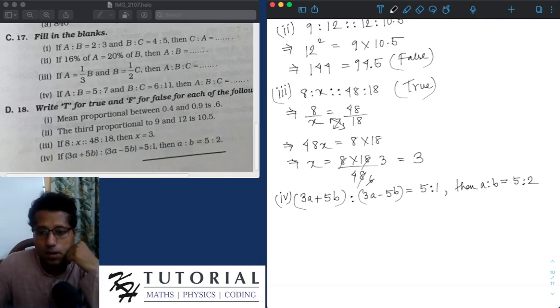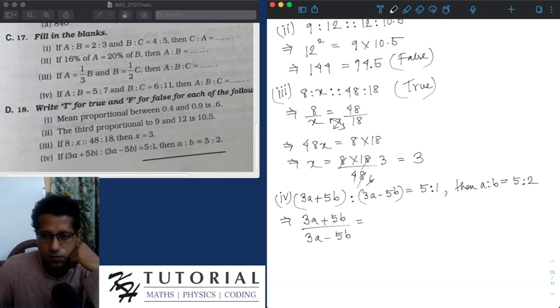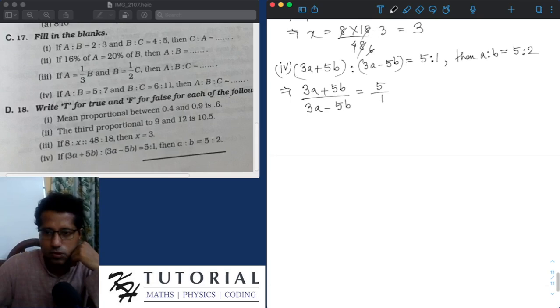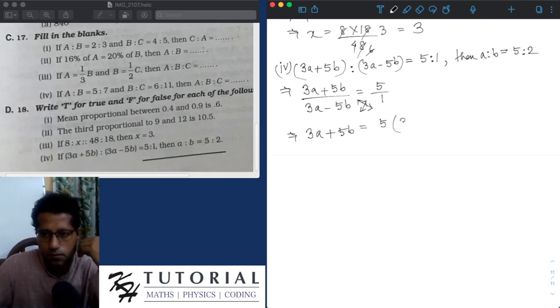From the given fact we get 3a plus 5b divided by 3a minus 5b equals 5 is to 1. Now if we do cross product and equate the products, we get 1 into 3a plus 5b equals 5 into 3a minus 5b.